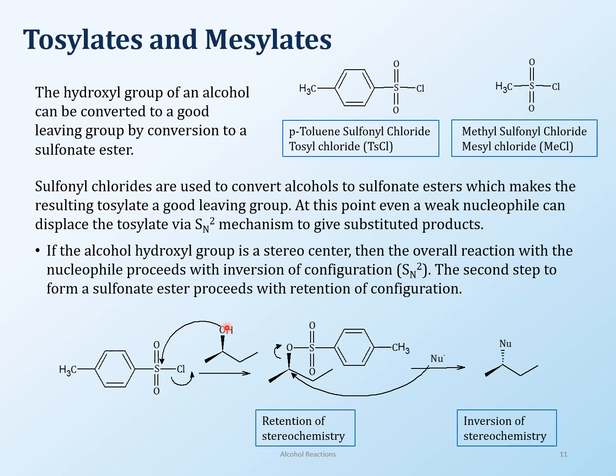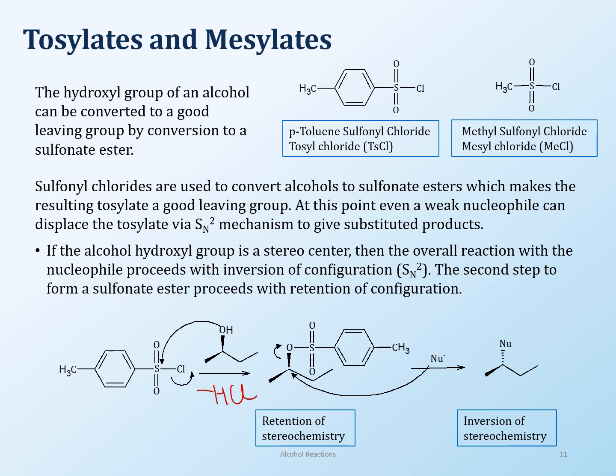Once you do that, this whole group is going to attach to the oxygen of the alcohol. So this is the alcohol. The Cl leaves. So this is minus HCl over here, and I can write that in case you wanted, although it's not necessary.